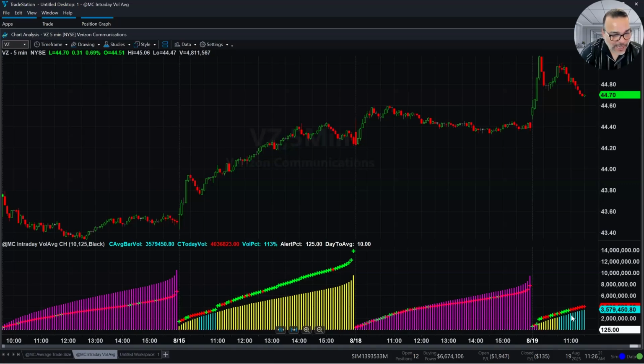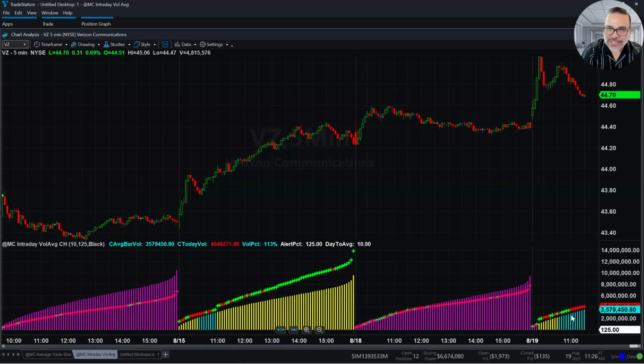We have yellow as well, because yellow is what matches the alert. Whenever you have volume that exceeds the average by a certain percentage, you know that you've exceeded that amount, and it's going to paint that bar yellow. So when we see a lot of yellow, it's because the volume has exceeded that threshold bar per bar.